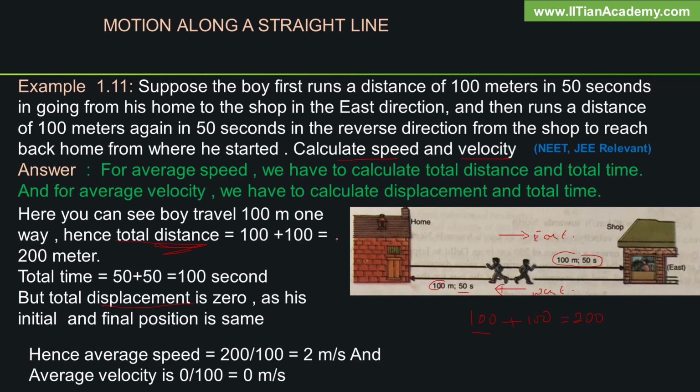Total time equals 50 plus 50 equals 100 second, but total displacement is 0, as his initial and final position is same. Hence average speed equals 200 divided by 100 equals 2 meter per second, and average velocity is 0 divided by 100 equals 0 meter per second.